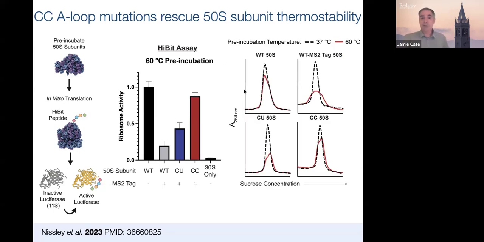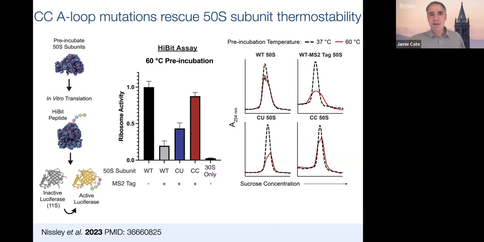We can also look at these subunits in a more physical way. These are experiments where you have different densities of sucrose solution in a tube, and you use an ultracentrifuge to separate out particles. Long story short, if you have a very sharp looking peak, you have a very well folded particle.